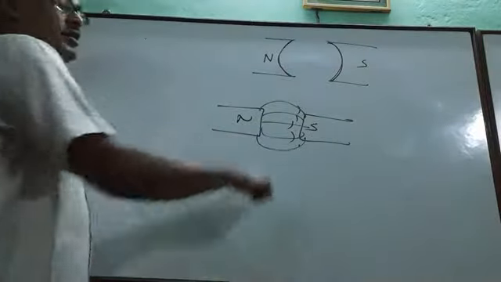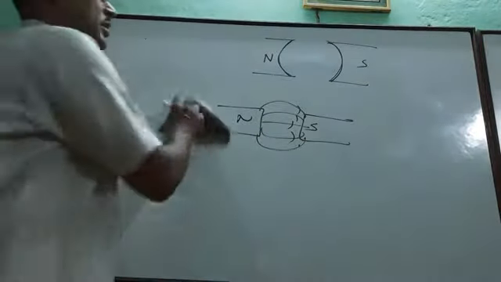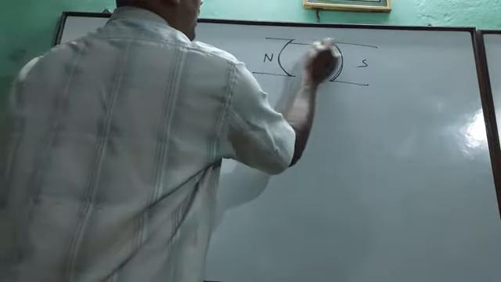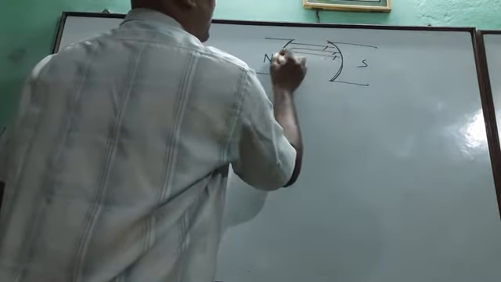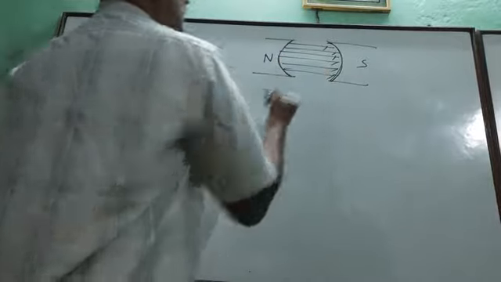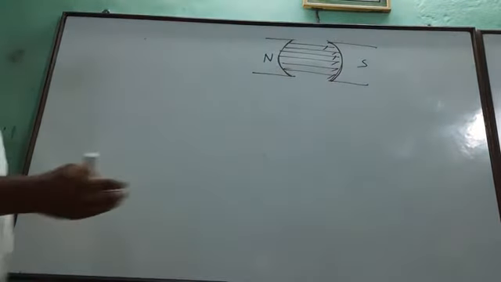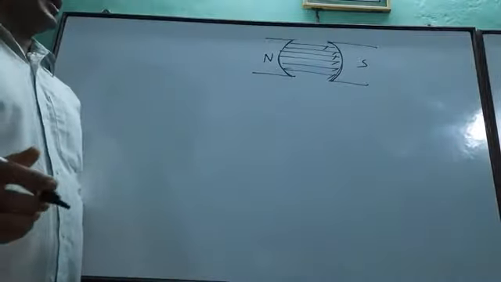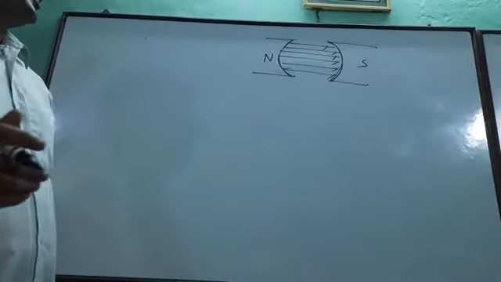See, it is not a uniform magnetic field, but whenever we make the poles curved, then here we will get a uniform magnetic field. So we have to take the ends of the magnet in this way.